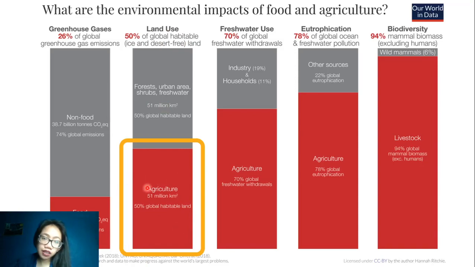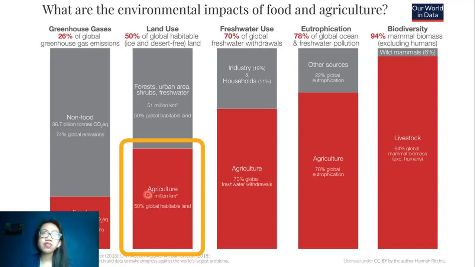But 50% of the land on earth is used for agriculture just to support our demand for food. The rest are natural environments or urban locations.